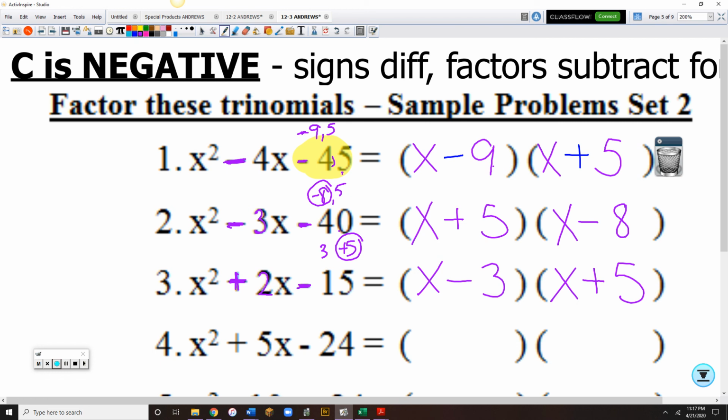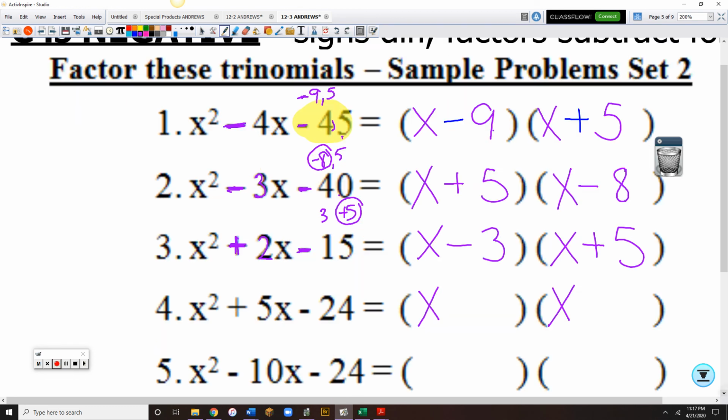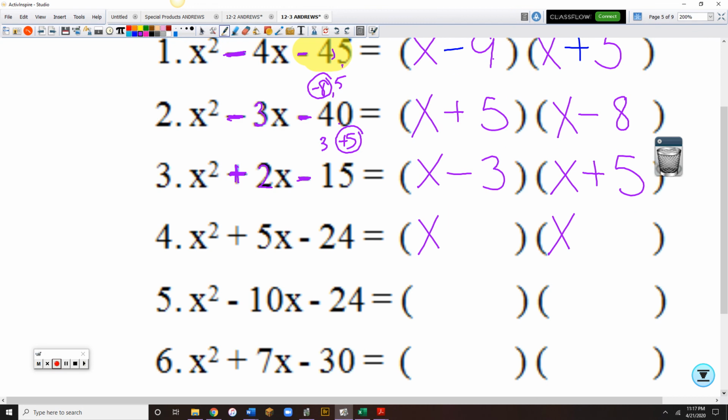Number 4. Scroll this down a little bit. Okay, all our examples today are going to have minus c's. We've got minus 24 and a plus 5.